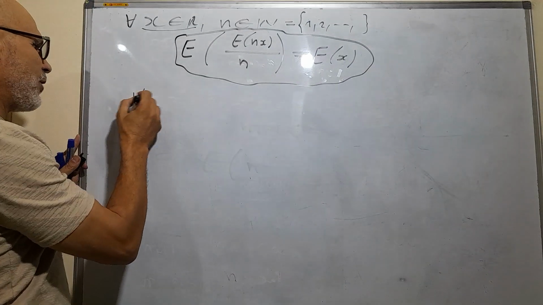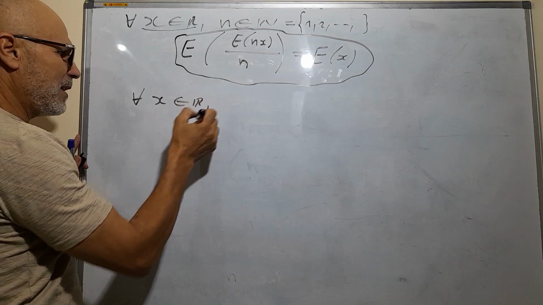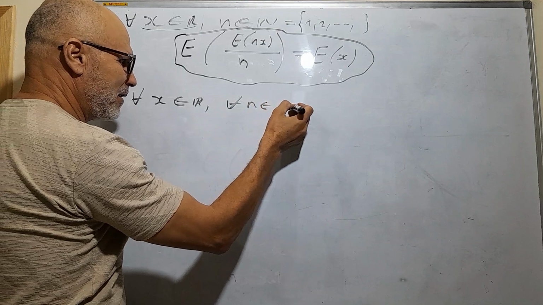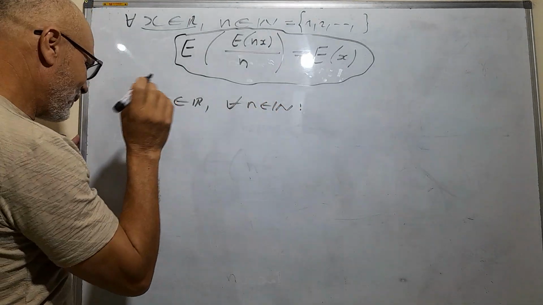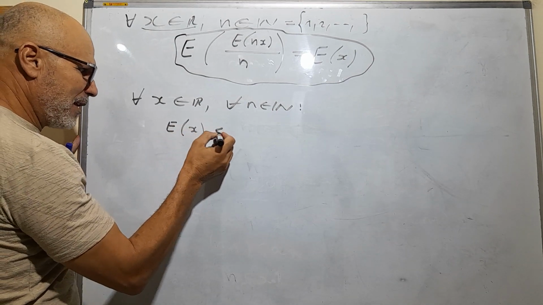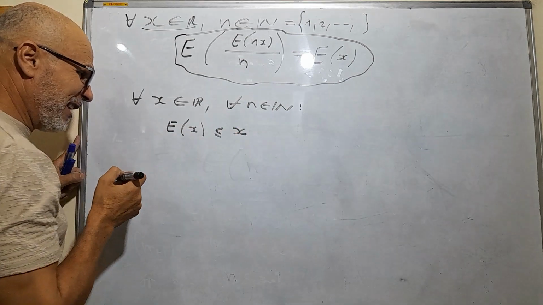So, for any given x in R and any natural number n, we have that the integer part of x is less than or equal to x.